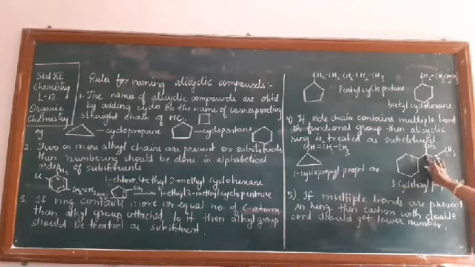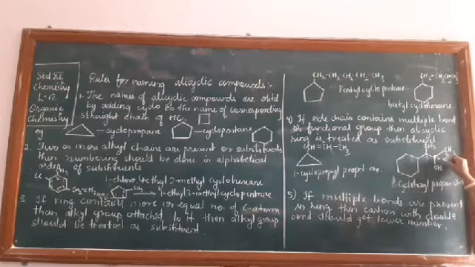Why? What is the mistake I have made here? See, I should number here because there is a methyl group here, 1 2 3. This should be third carbon.